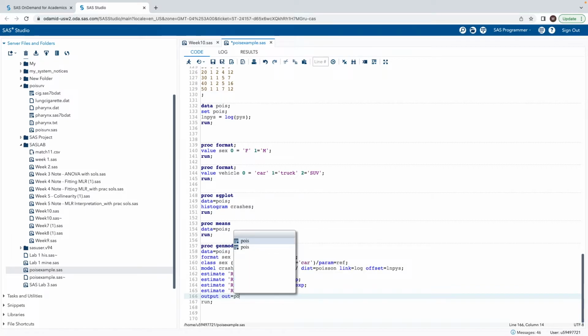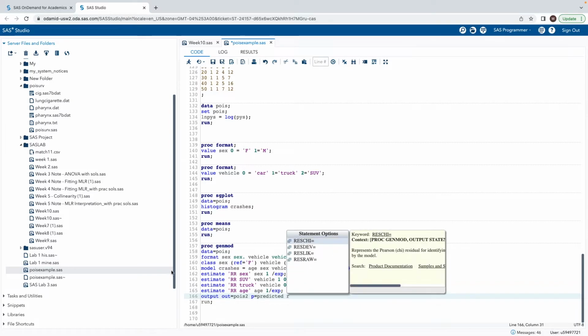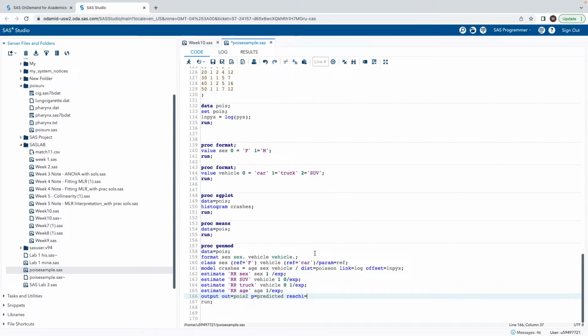To create a new data set, you can just call it Poise2. This will give us our predicted values, the chi-squared residuals, and deviance residual. Just use chi-squared residuals for now.